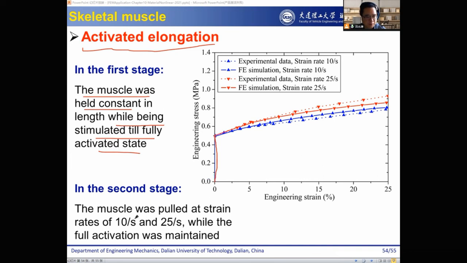In the second stage, we start to pull the muscle at different strain rates, and we compare the simulation with the experiment. Again they have a good match with each other. Therefore, our constitutive model can well describe the mechanical behavior of the skeletal muscle.